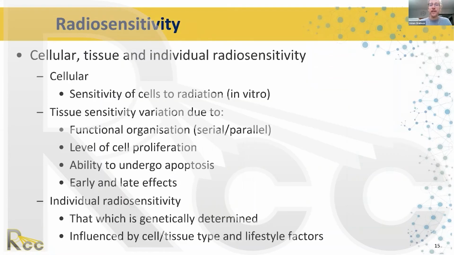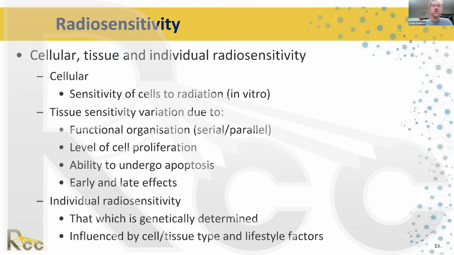Radiosensitivity. This goes down to the cellular, tissue, and individual radiosensitivity, individual meaning an individual human being. So cellular sensitivity of cells to radiation, tissue sensitivity. You can think about certain cells that may be less susceptible to radiation. For example, neurons. Neurons don't divide after a certain time in a person's life, but there are other factors that can also affect the survival rate of the actual neuron cells, and these can be supporting tissues.